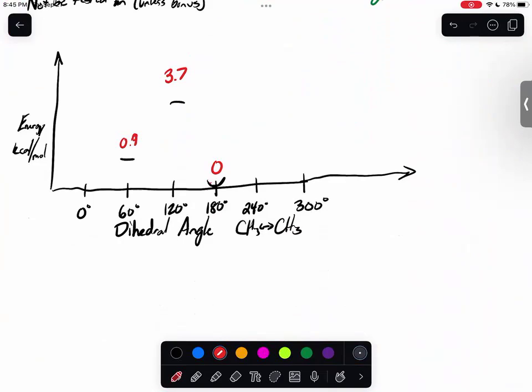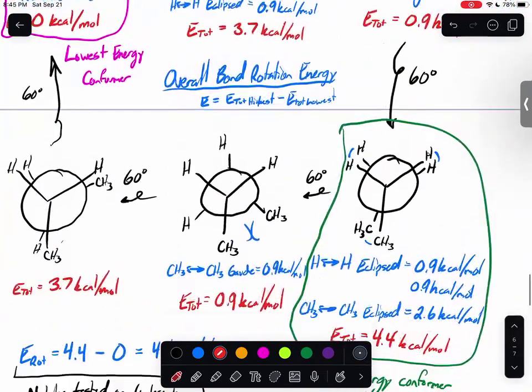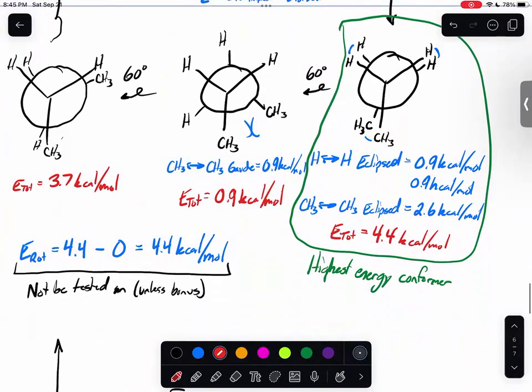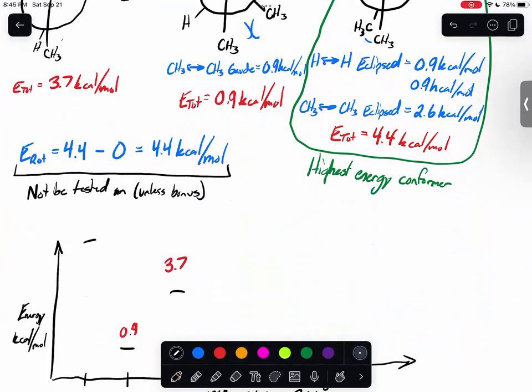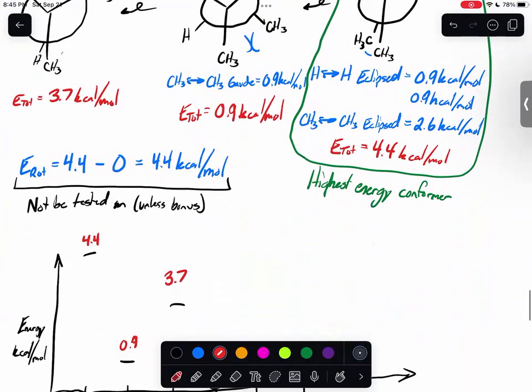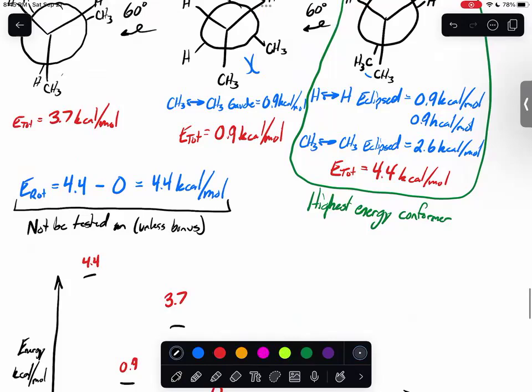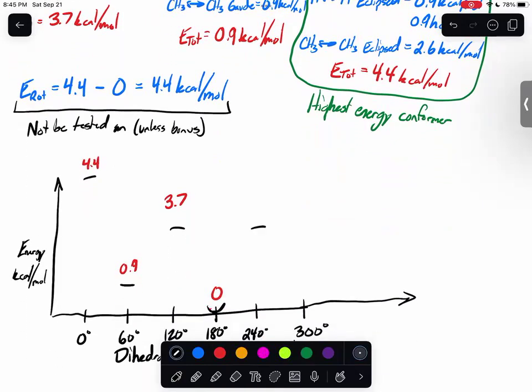At 0 degrees, though, that's where they're completely overlapping, right? And that was our highest energy conformer. So it sits up here at 4.4 kilocalories per mole. The other two conformers are rotated between: 240 is also at 3.7 based on what we have, and then 300 is back at 0.9.